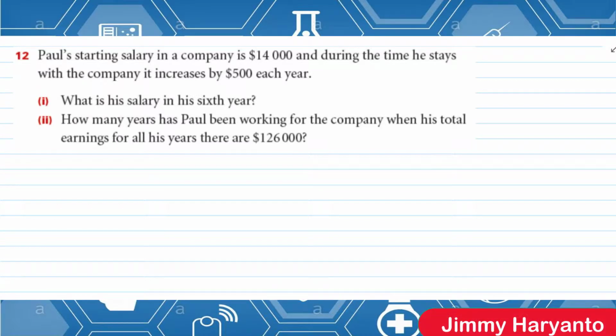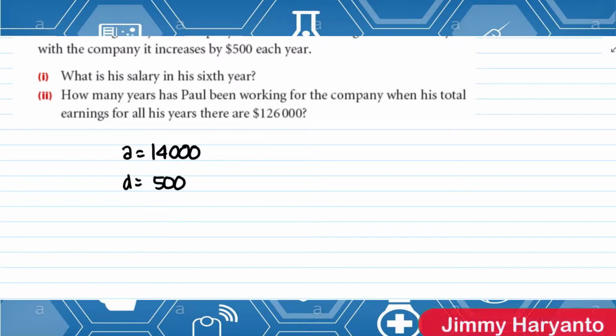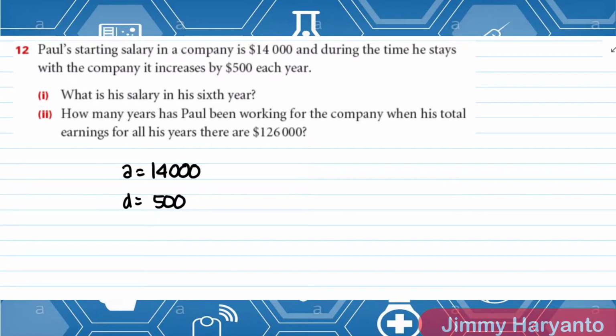Next is the last one, number 12. Paul's starting salary in a company, that is the first term, is 14,000. And then during the time he stays with the company, it increases by $500 each year, so the difference is 500. What is his salary in his 6th year?